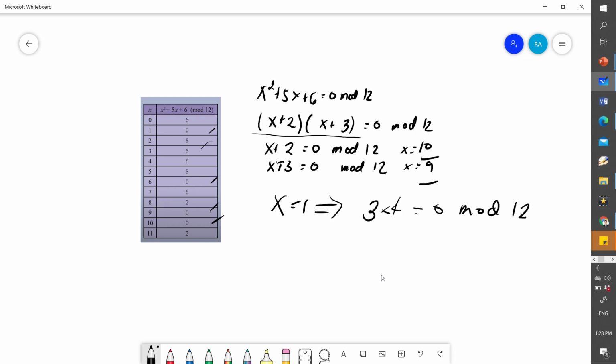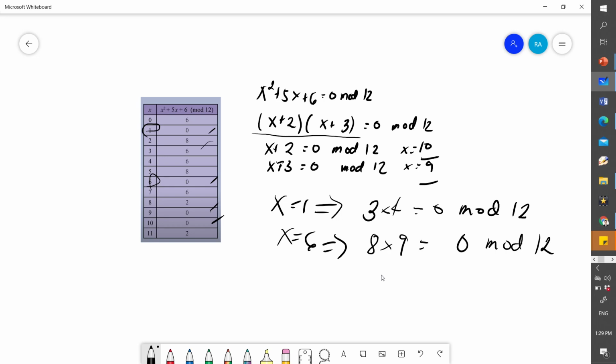And if we plug in 6, again, we're missing this 1 and 6. If we plug in x equals 6, we have here 6 plus 2 is 8 times 6 plus 3 is 9, equals 72, which is also 0 mod 12, right?